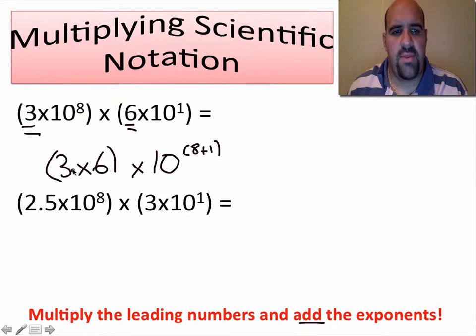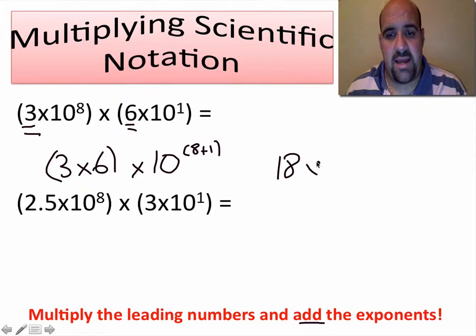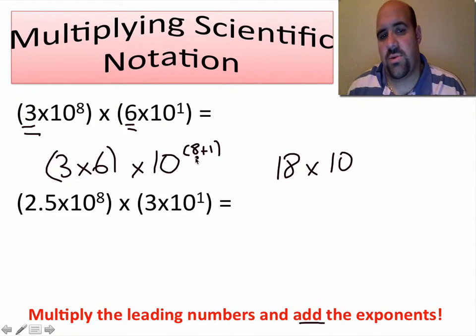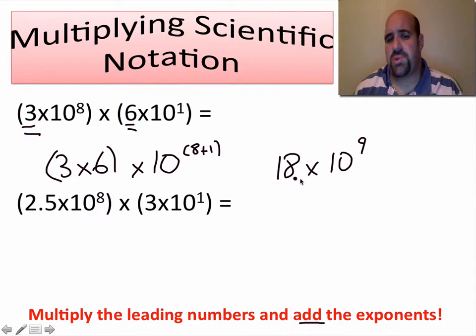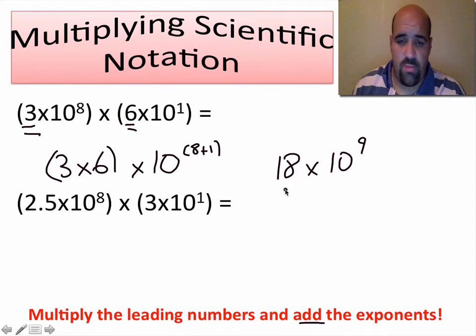And what do we end up with? What's 3 times 6? 18 times 10 to the 9th power. Technically, this isn't scientific notation because there are 2 numbers to the left of the decimal, but we will let that stand. That's exponential notation.